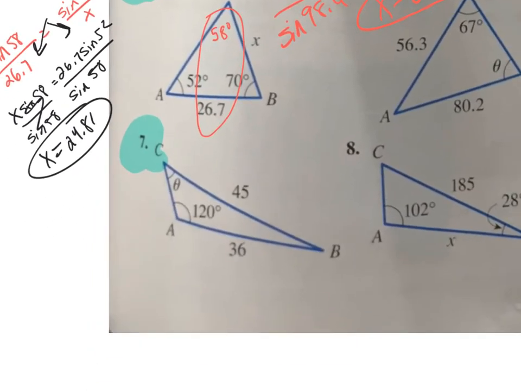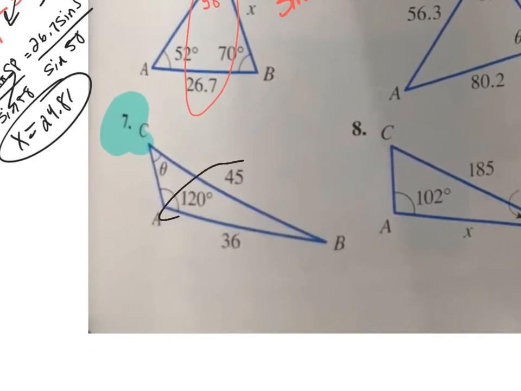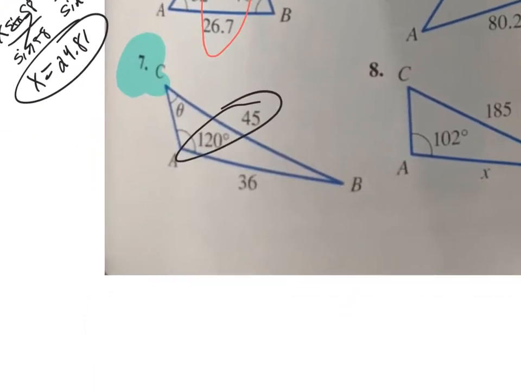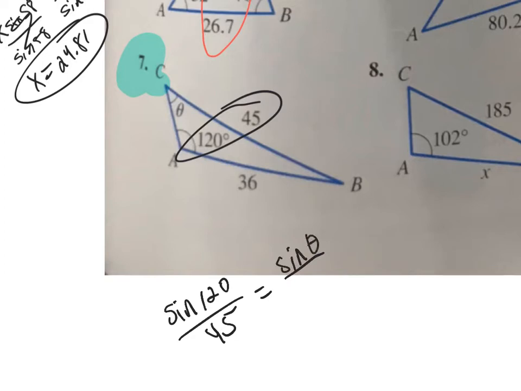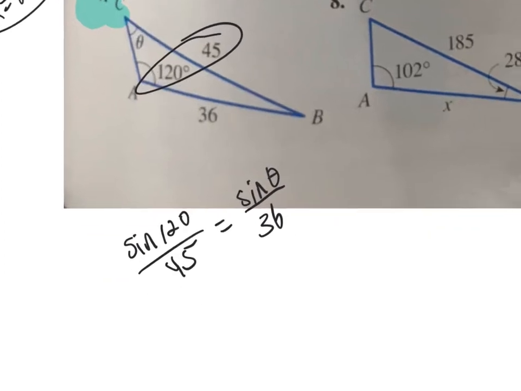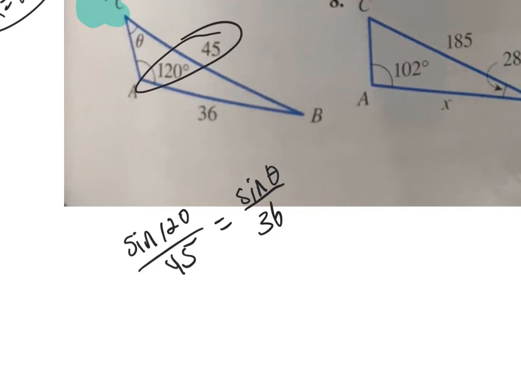Again, with this triangle, they've already given me a side and its corresponding angle. So I can say that the sine of 120 over 45 equals, I don't know what theta is, so we'll say sine of theta over what corresponds with theta? 36. So let's cross multiply and solve. So I have 45 times the sine of theta equals 36 times the sine of 120.